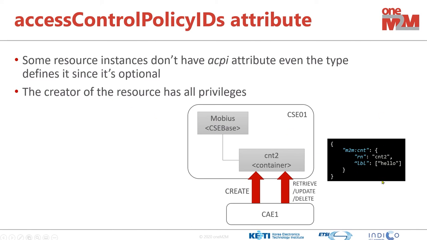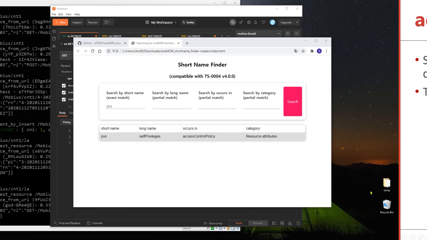For example, if we create this one with CAE1, then CAE1 can do everything like create, update, delete, discover, notify. And later on, he can change the ACPI attribute value to put an explicit access control policy setting, then it is allowable.